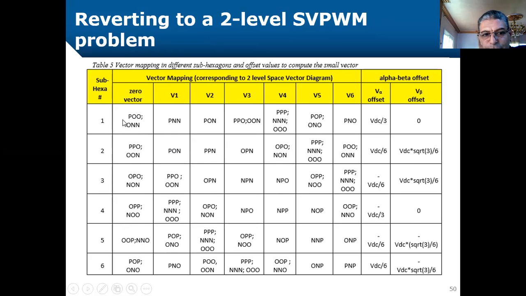And for example, for this one, you can look at the 6 vertices, and you can look at the local center to find this arrangement, POOLN. And you can also find V alpha offset and V beta offset. This is in subhexa 1. For each one of the 6 subhexagons, we can find such information. Okay.